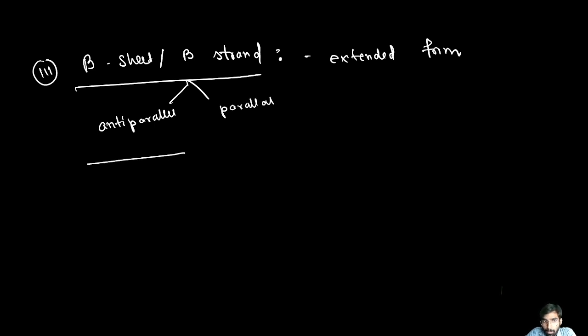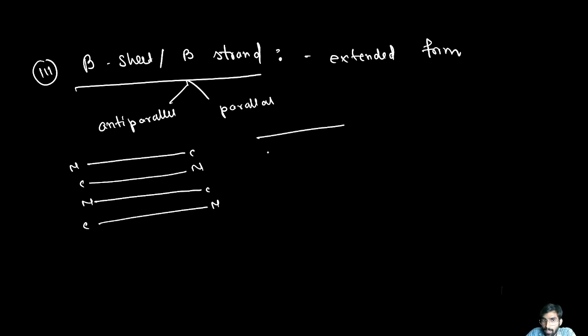What is anti-parallel? Suppose this is the N terminal, this is the C terminal of one strand, this is the N terminal, C terminal of the other strand, C terminal, N terminal of another strand, again N, C. This is anti-parallel. What is parallel? Something like that. N, C, N, C, N, C, N, C.